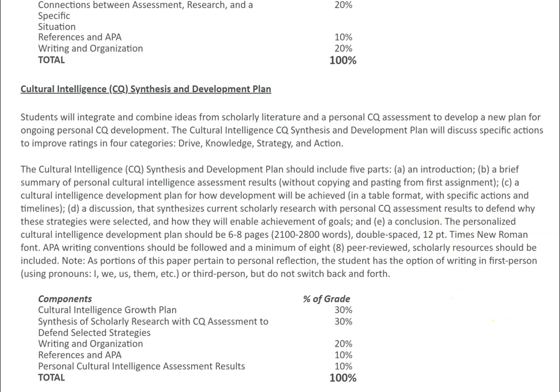So do note that this paper can and should be written in first person. And I know someone out there started the rumor that it needs to be written in third person, but that can't always be done, and it's not always the right thing to do.